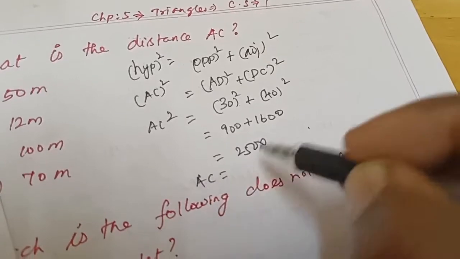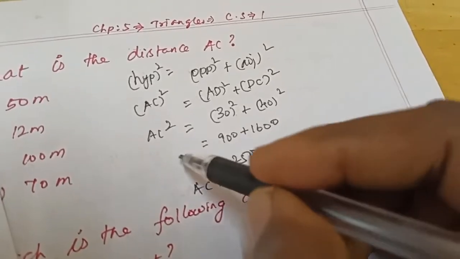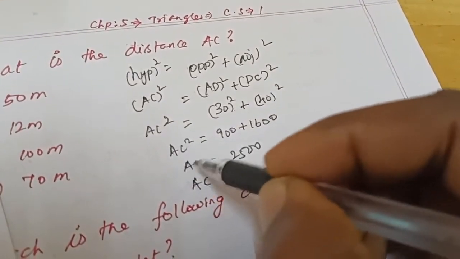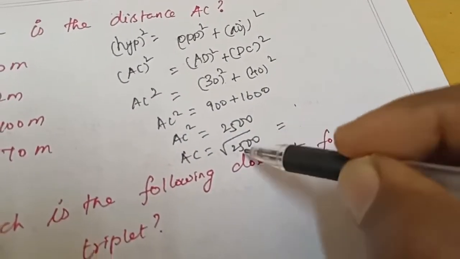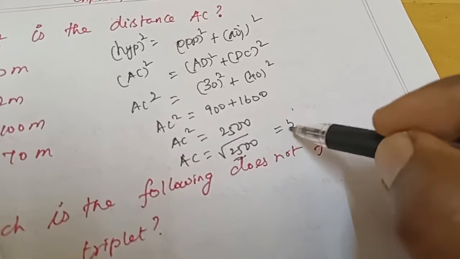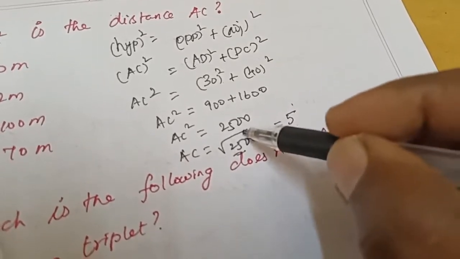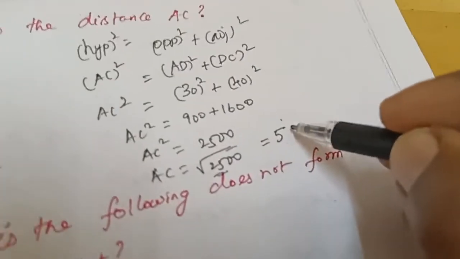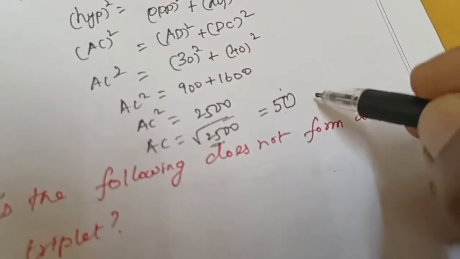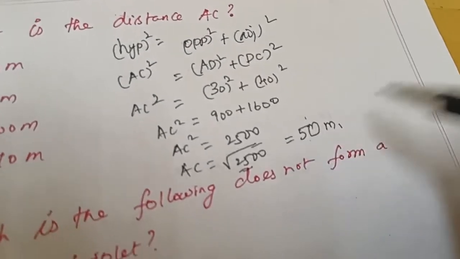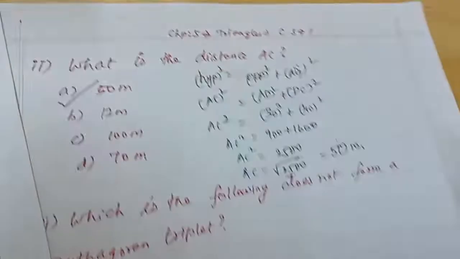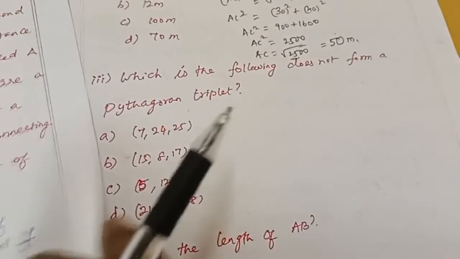This is AC square, so AC value is the root of 2500. Taking the root, it is 50. They have given it as meter. So AC value is 50 meter. So option A is correct, 50 meter. Next, third question.